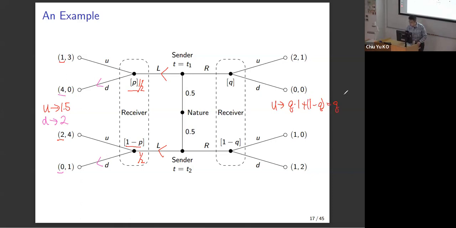This is Q. If you choose D, then it will be Q times 0 plus 1 minus Q times 2, which is 2 minus Q. So you can see that it is always true that 2 minus Q is bigger than or equal to Q, because 2 is less than 2Q, and 1 is bigger than Q. So Q is always less than 1.